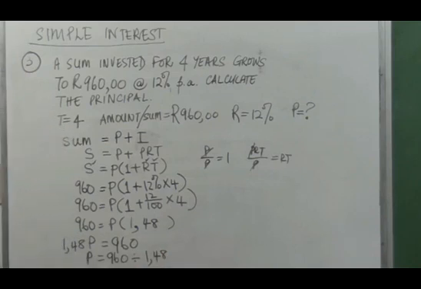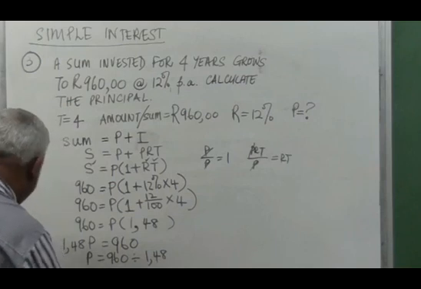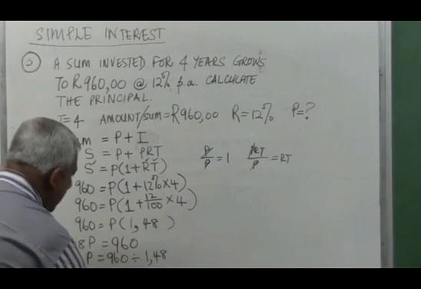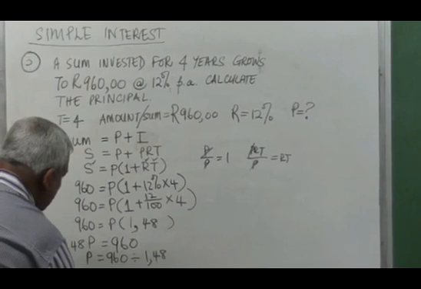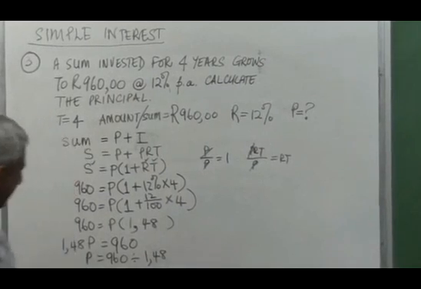Once again, punch it into your calculator: 960 divided by 1.48 is equal to 648,65.